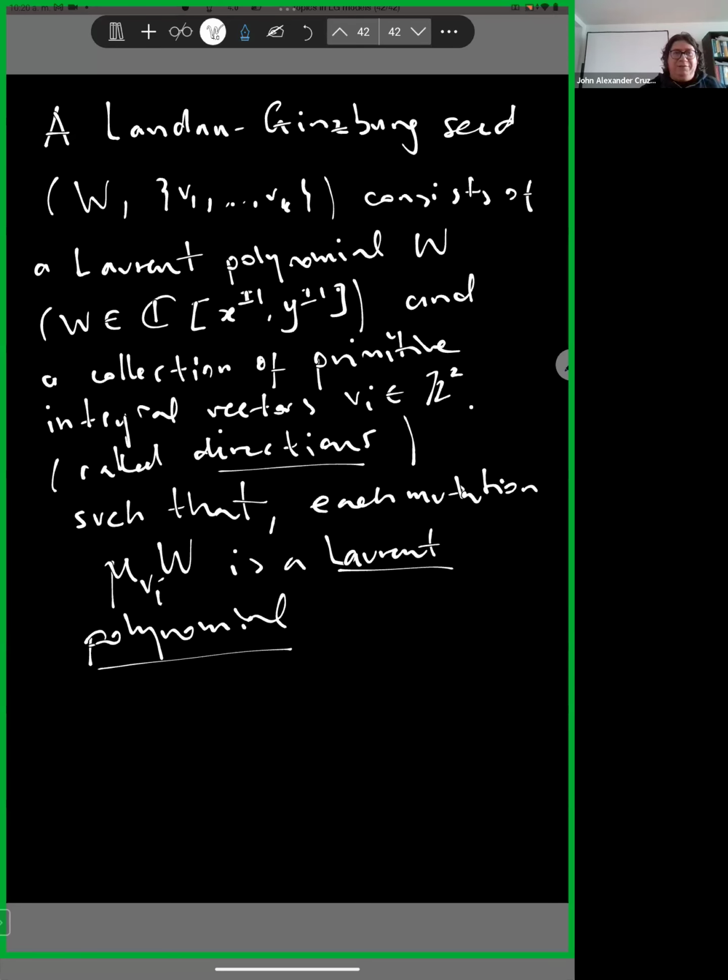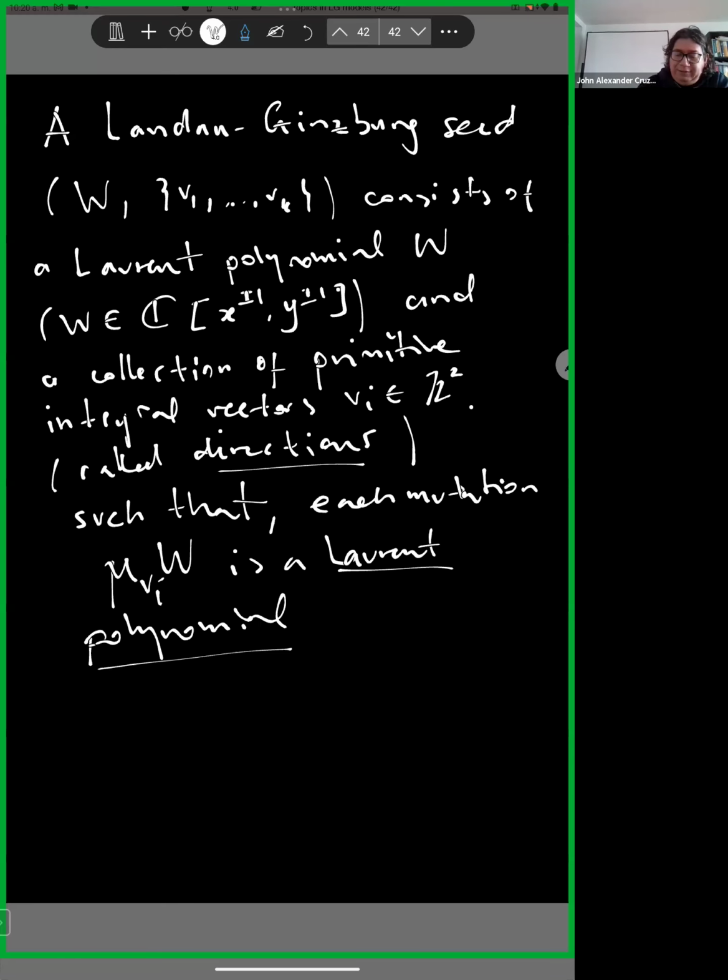Before I said that when you mutate a Laurent polynomial, it's not necessarily a Laurent polynomial, but it can be. So when you have some Laurent polynomial and some set of directions in such a way that mutating in any of these directions, you get again a Laurent polynomial, this is called a Landau-Ginzburg seed, right?